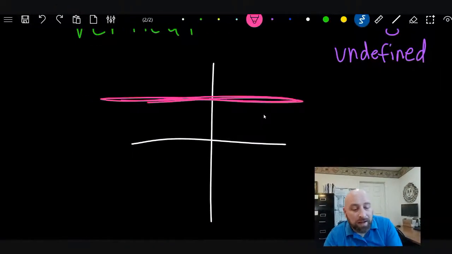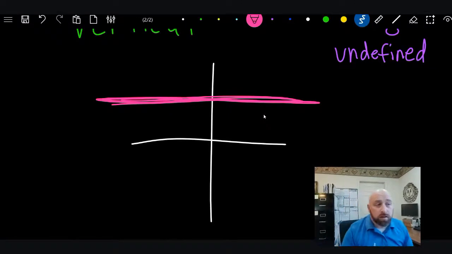Okay, so let me draw a real quick graph here, underneath. If I have 0 slope, I'll use the pink line to represent what 0 slope looks like. 0 slope looks like a flat line. It's not up or down, it's just going flat.